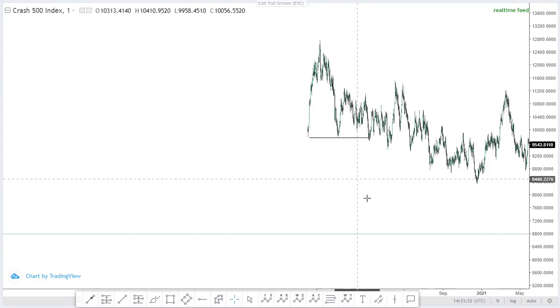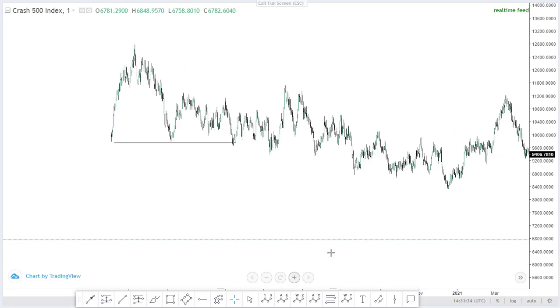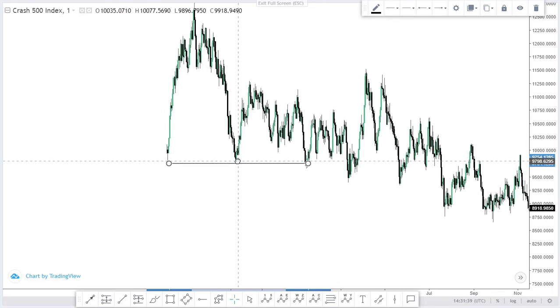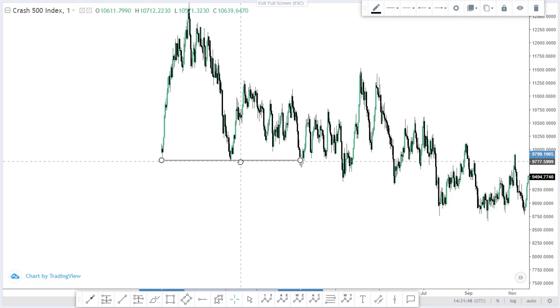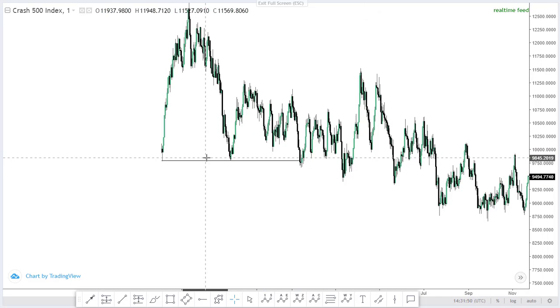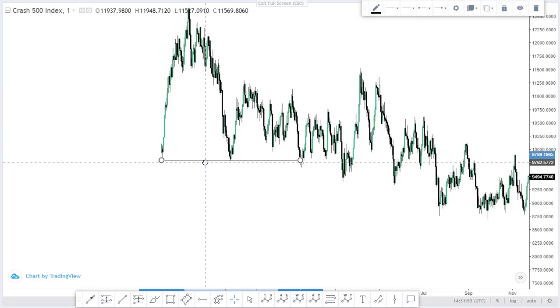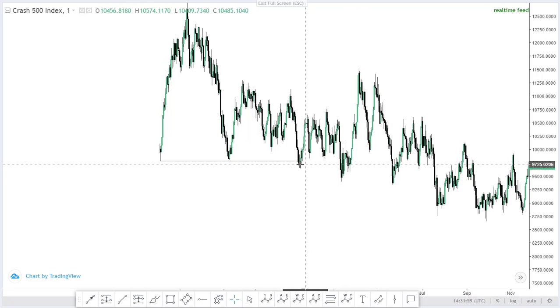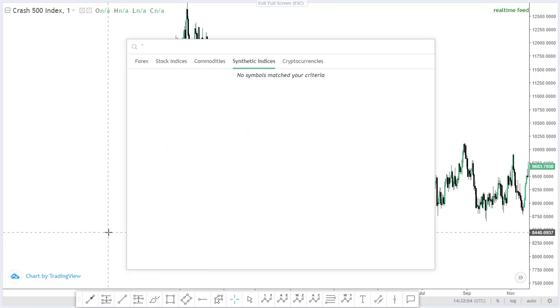After market takes out the low on this level, the low was taken somewhere on this level, so you know exactly.